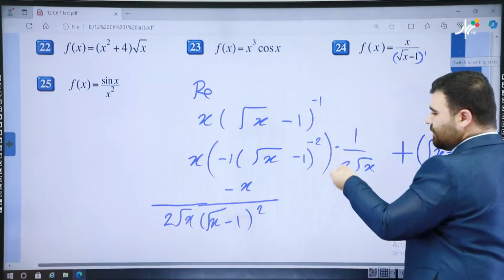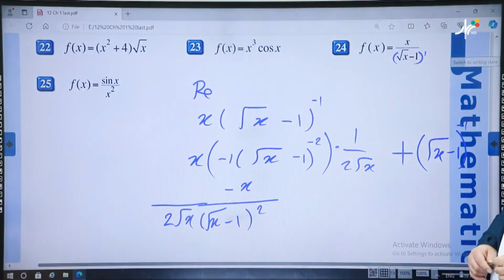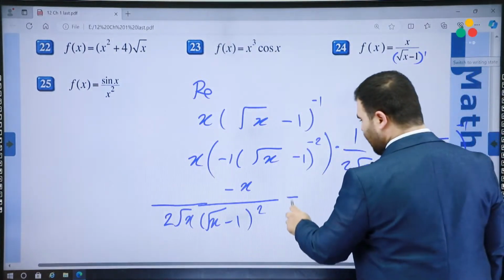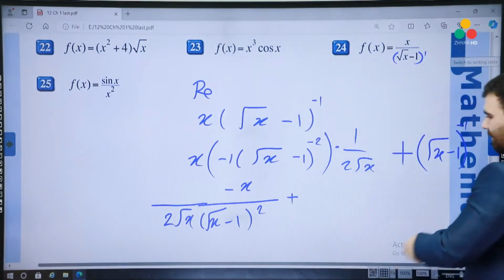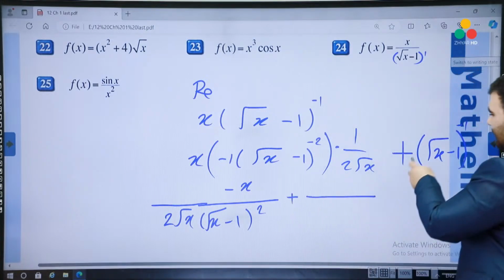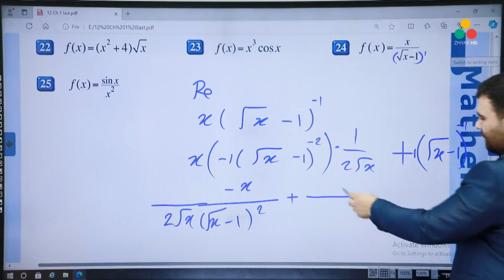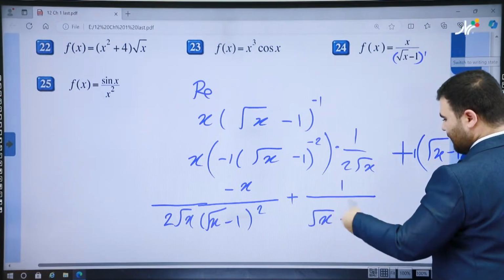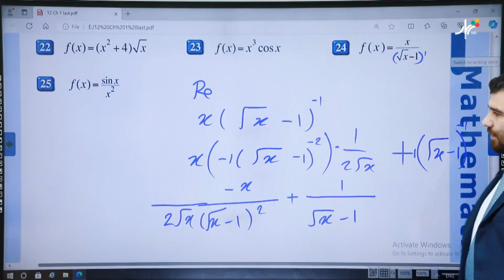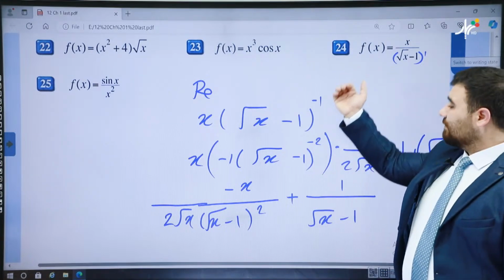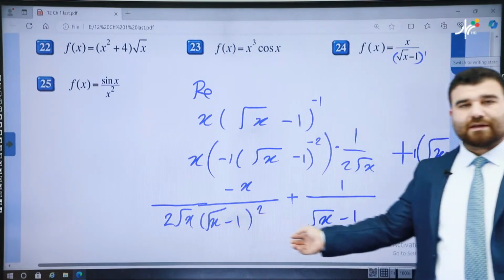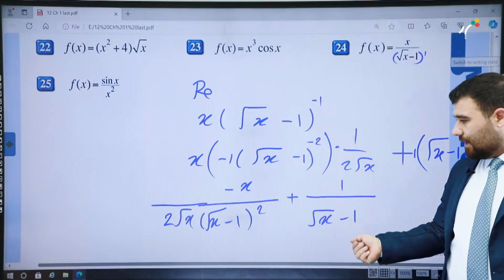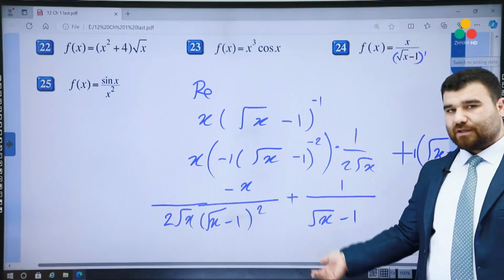Between them is times, this is why it stays as times down. Plus, this has a negative power, should go down as well. There is nothing, means 1, so 1 over square root x minus 1. It has no power, means power 1 as well. So the derivative of question 24 could also be written like this. Both of them are correct, and both of them could be simplified more.